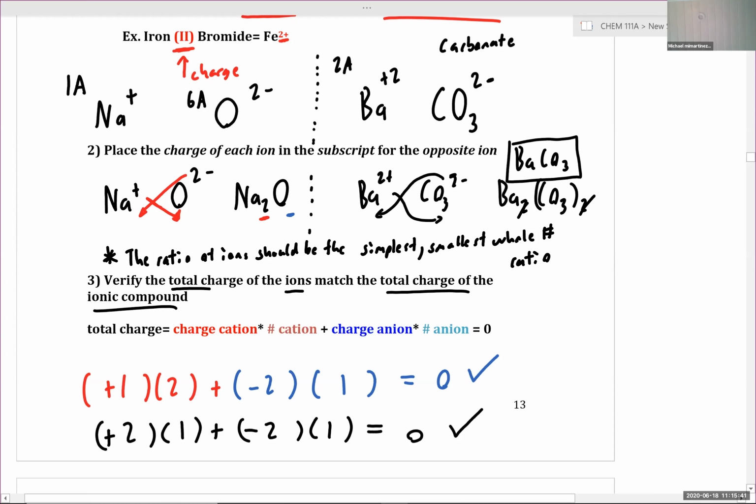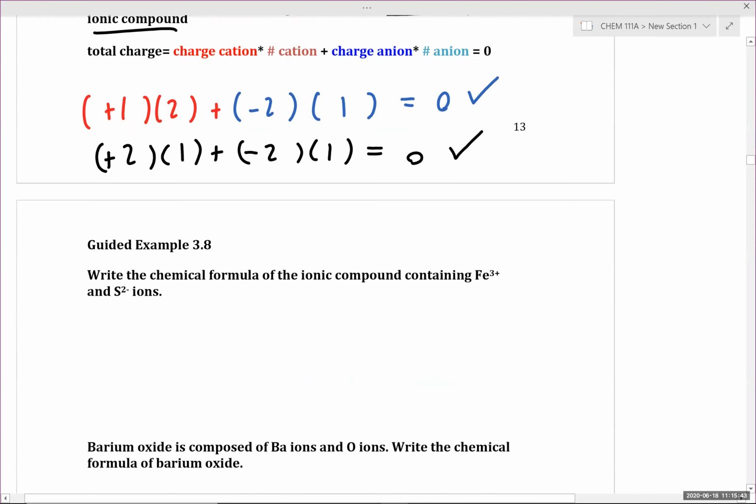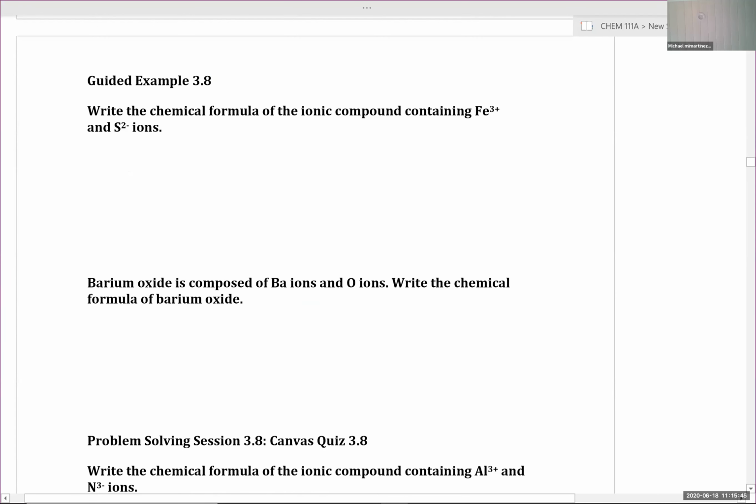Yes. Perfect. So let's do a guided example now where we work on the following 2 problems. We have to write the chemical formula of an ionic compound containing iron 3+ and S2- ions. I gave you the charges in this case. This is just to check your fundamental mechanics with this process.